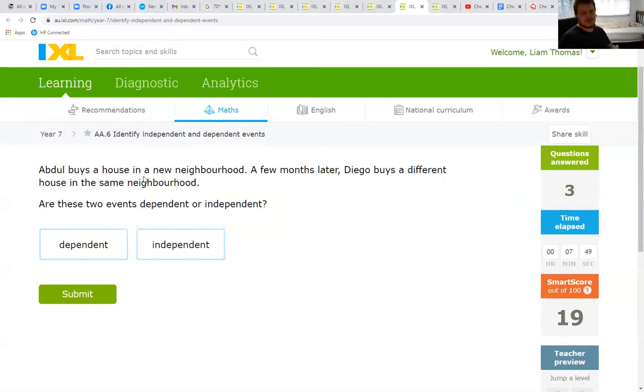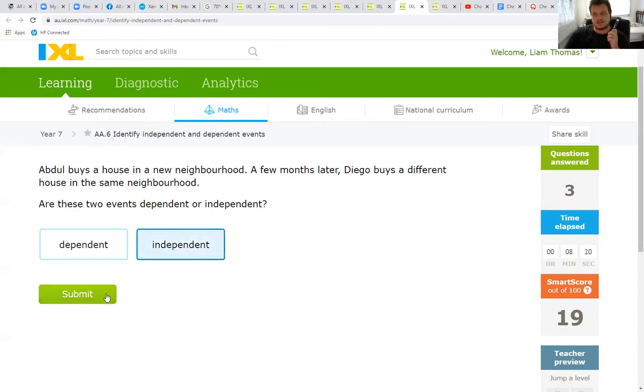Okay, Abdul buys a house in a new neighborhood. A few months later, Diego buys a different house in the same neighborhood. Are these two events independent or dependent? Izzy says independent. I think she might be right.